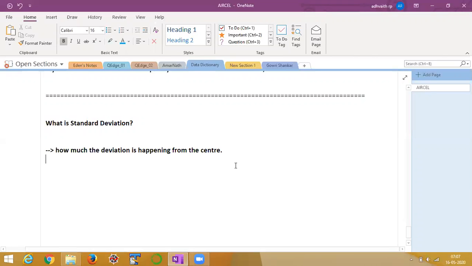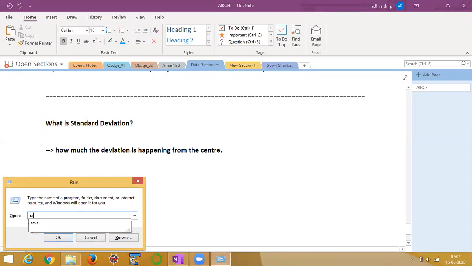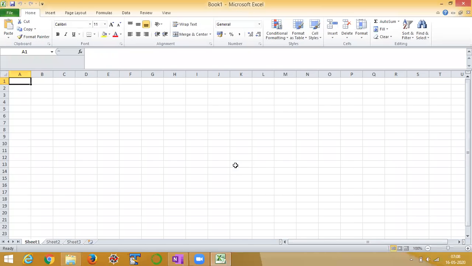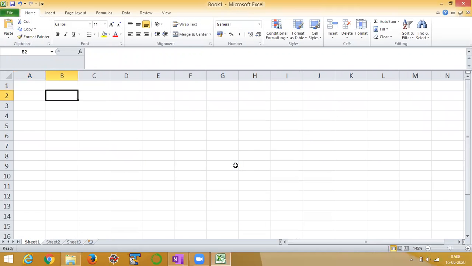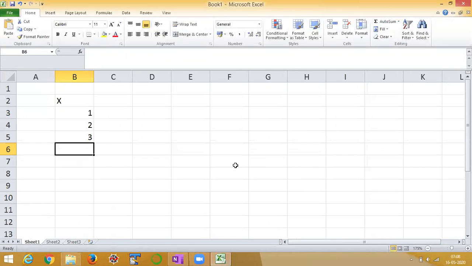So if you take an example, let's say my random variable is x and the values are 1, 2, 3. Alright.